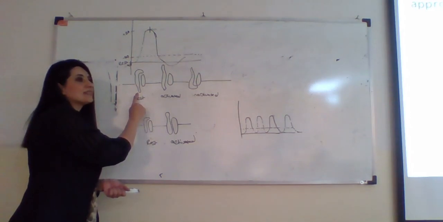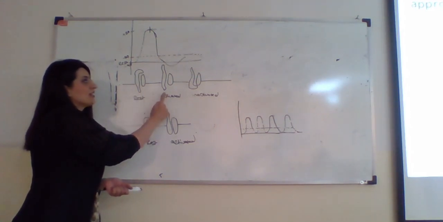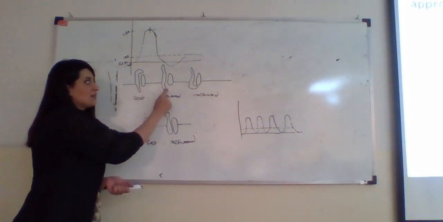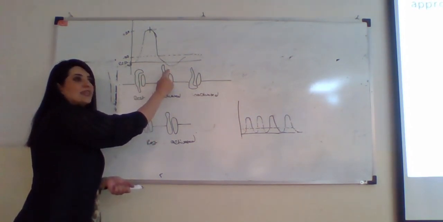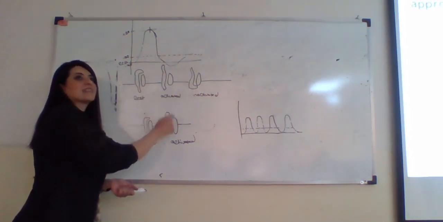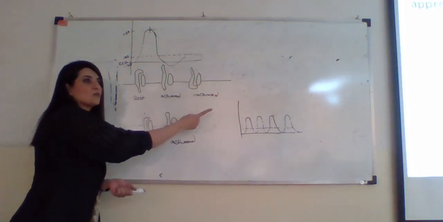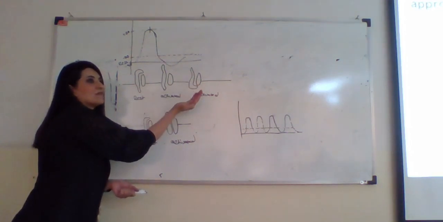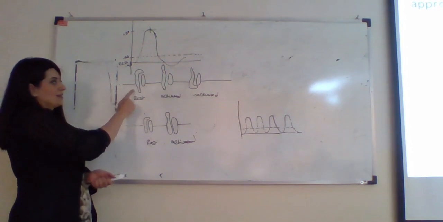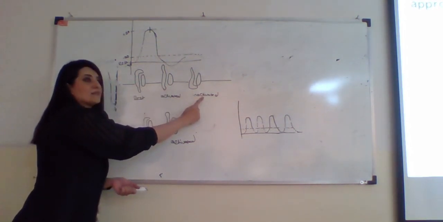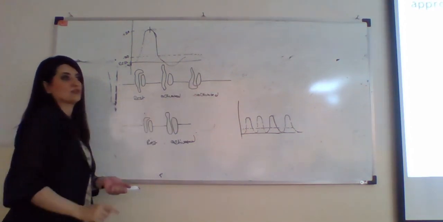Once the membrane is activated and the polarity is changed, this one is always open during resting, so it is still open, and the activation gate will open. This state of the channel is called the activated state of the voltage gated sodium channel. When we say the sodium channel is inactivated, what do we mean by that? The inactivation gate is closed now. During rest and during activation it is open, but during inactivation it is the one that is closed.